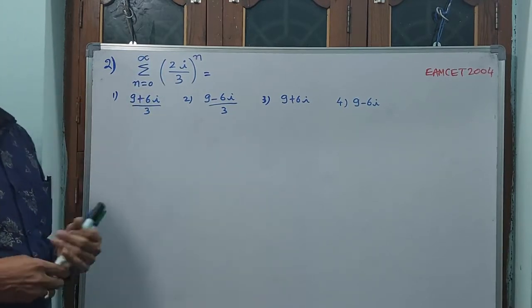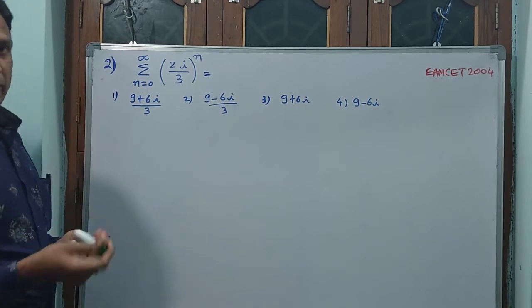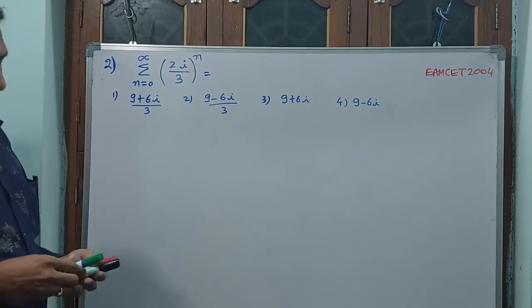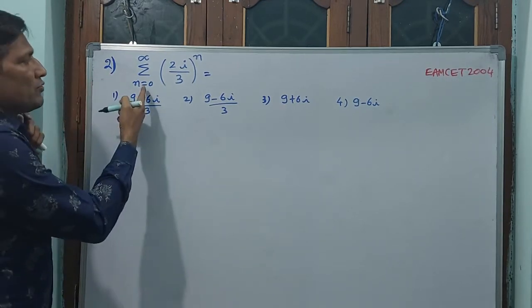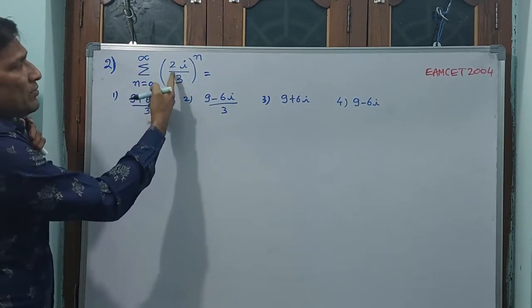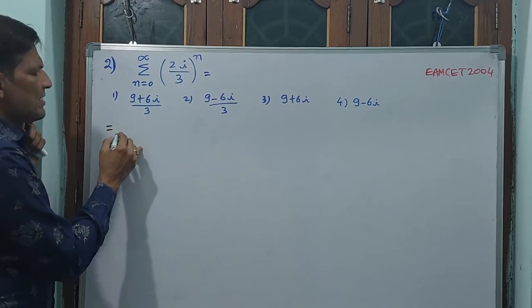Infinity is a very big number. That we know, the concept of infinity also. Let us proceed further to solve this. See how I am solving. First of all, from 0 to infinity means, I am writing that is equal to sum of the terms, Sn you can write.